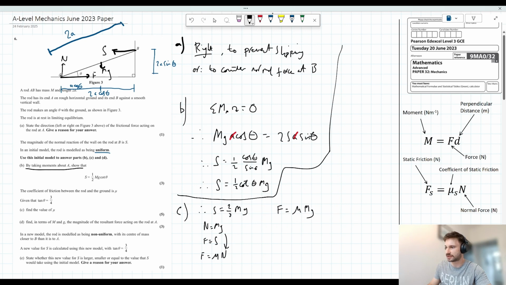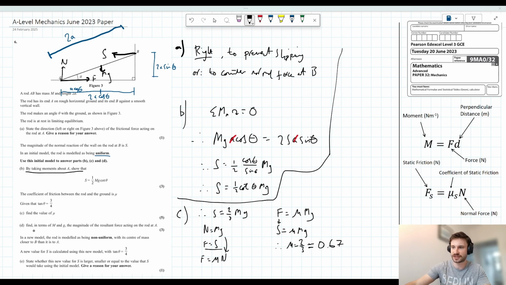We're noting here that F is equal to S, so we can say that S is equal to mu mg. Note here, we're saying S is equal to 2/3 mg. Here we're saying S is equal to mu mg. We can say therefore mu is equal to 2/3, which we can approximate to 0.67 if you want to give it in decimal form. Okay, let's move on to part D then.